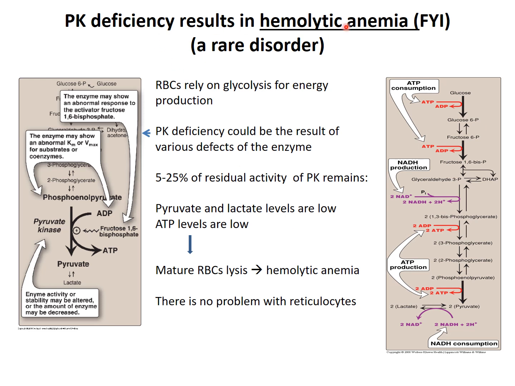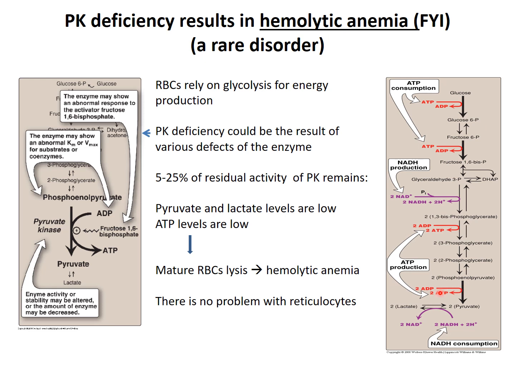PK deficiency results in hemolytic anemia. Why? Because PK is at the very end. You remember that in red blood cells, this is only the anaerobic process, only the 2 ATP that produce energy. 2 ATP are invested, and to recover this investment, only PK will produce those extra ATPs which can be used by the cell.